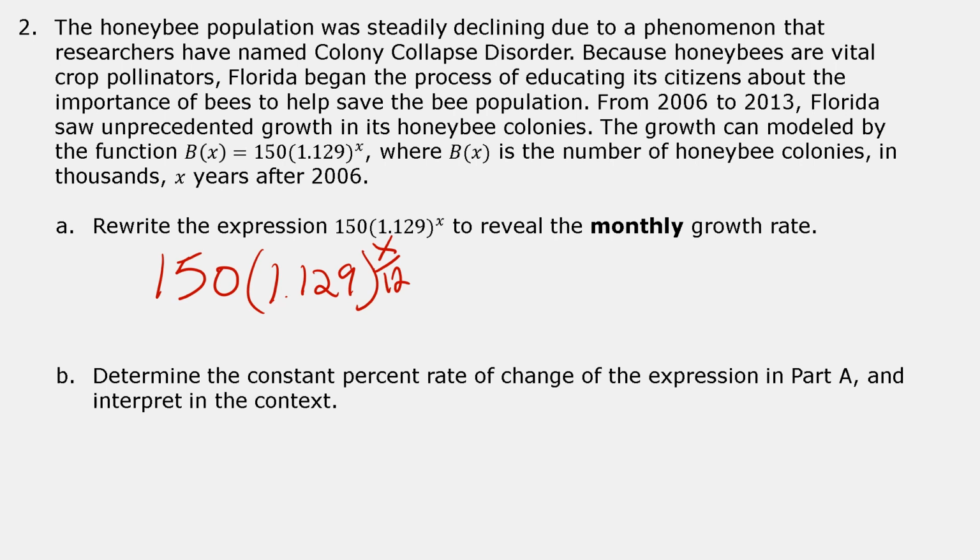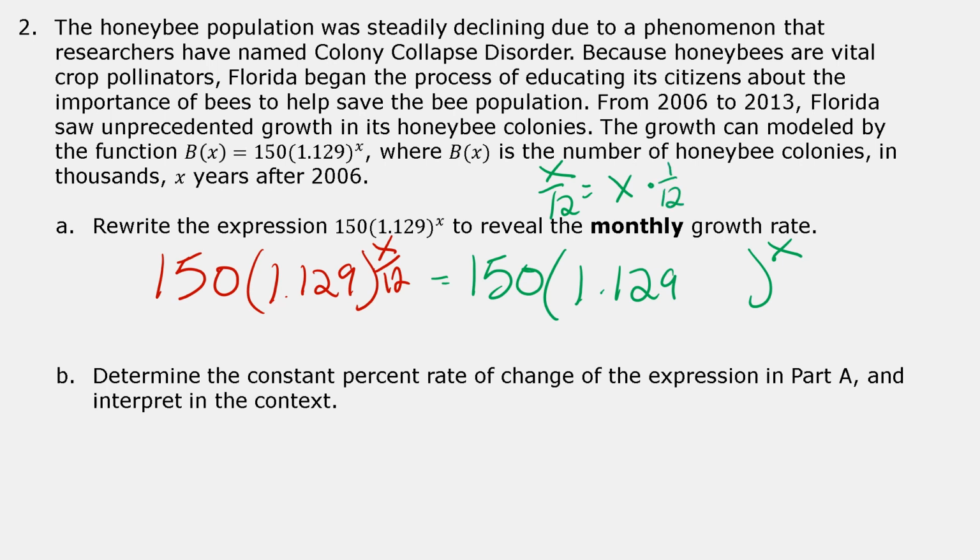So we need to find our new base number. So we need to do 150, 1.129, and we want just x. So we want to split this x over 12 into x times something. What's my fraction going to be? 1/12. So we're going to raise that 1.129 to the 1/12th in your calculator.